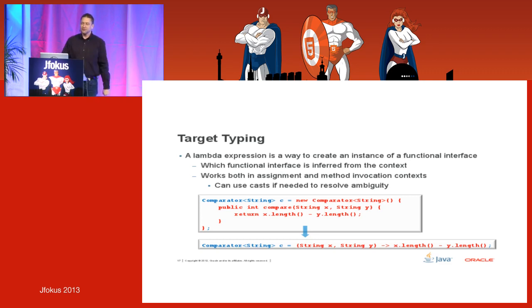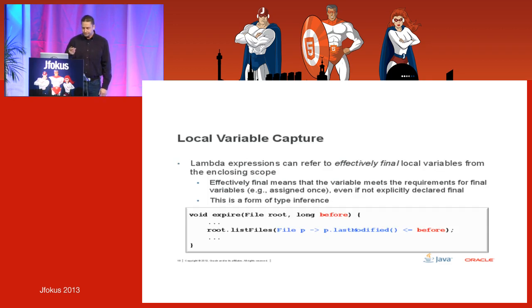Parameters being passed to the Lambda expression are the string x and the string y. The body of the Lambda expression, the anonymous function, is to subtract the length of y from the length of x, and that will return an integer. So we've got our signature for our anonymous function, so the compiler can figure out exactly what's going on.